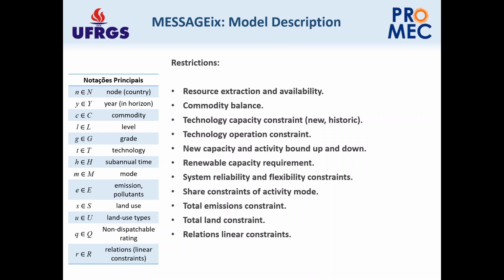The model will find the most optimal way to produce 50% of electricity with the technologies that you have in your model. There are also system reliability, flexibility, share constraints, activity model, total emissions constraints, and total land constraints. For example, if your country is small and you have a low amount of land, your total land constraint is small.